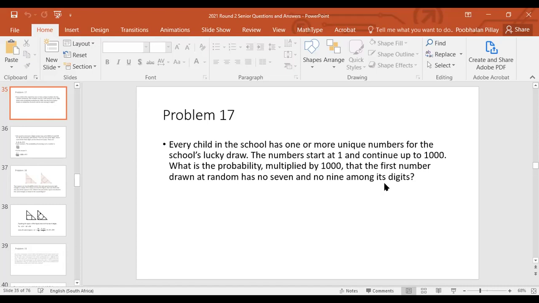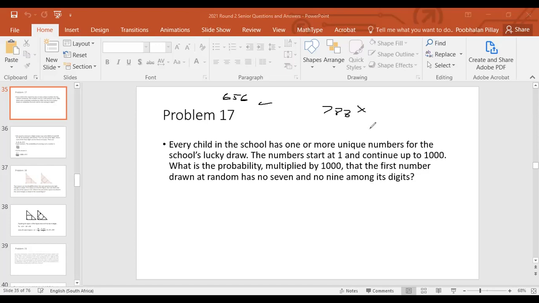All right, so let's just analyze what the question says. You are drawing any one of these 1,000 cards, and you can pick up a number like 656. It has neither a 7 nor a 9, so that's allowed. But if you pick out 788, we disallow that.